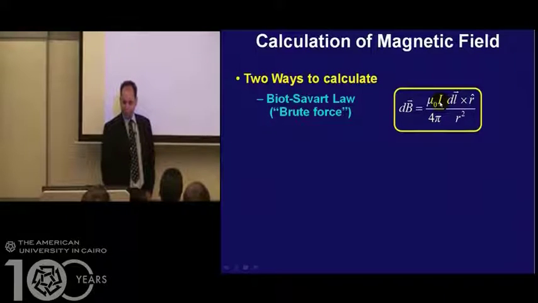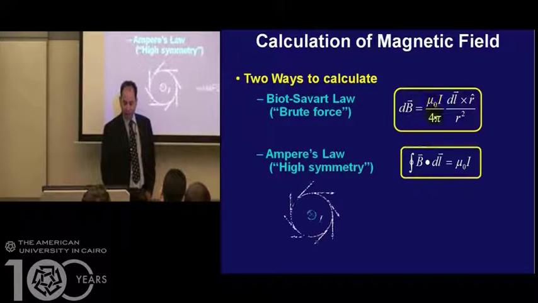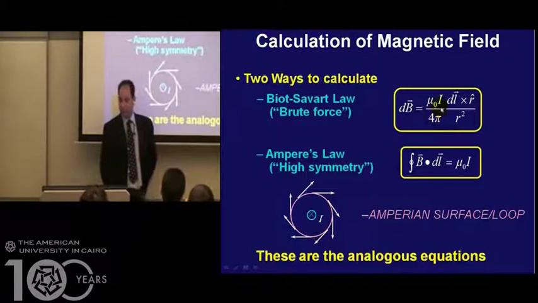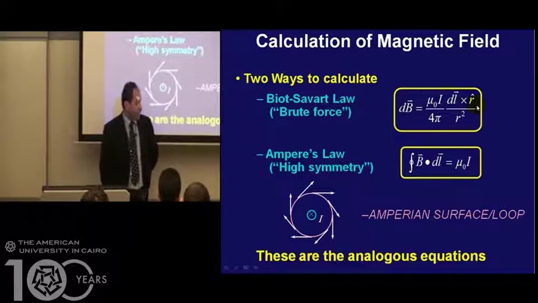If we need to calculate that magnetic field at any distance r, then the magnetic field will equal a constant, mu0 over 4 pi, times the current, times dl cross the direction r, divided by r squared.